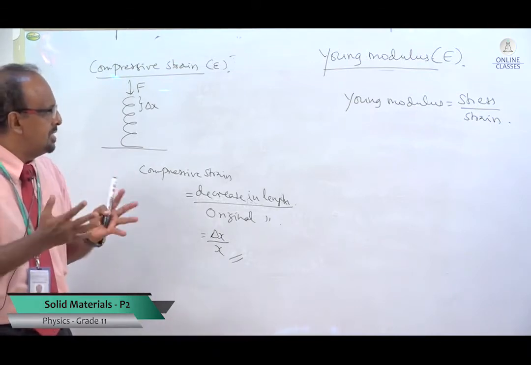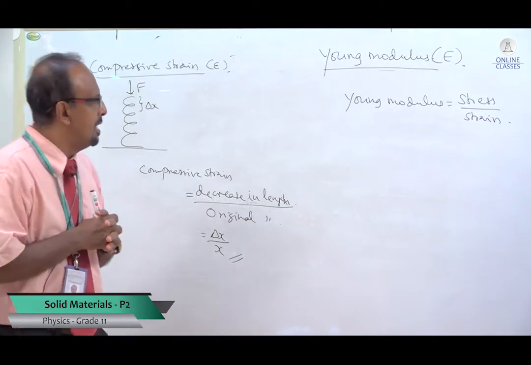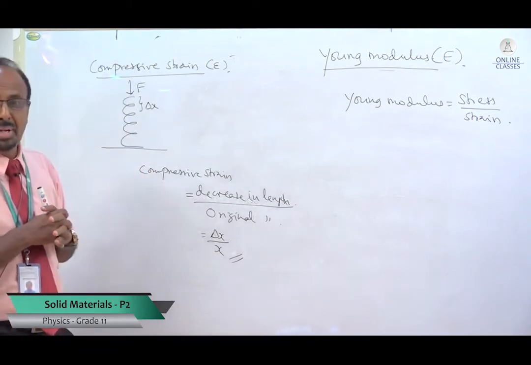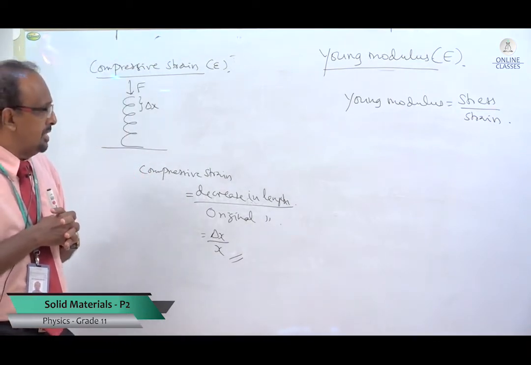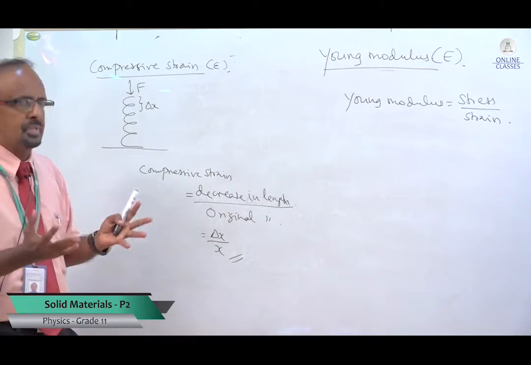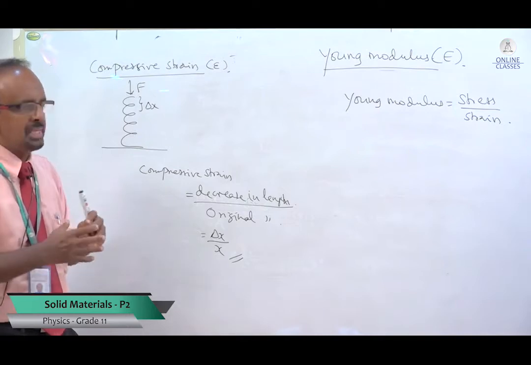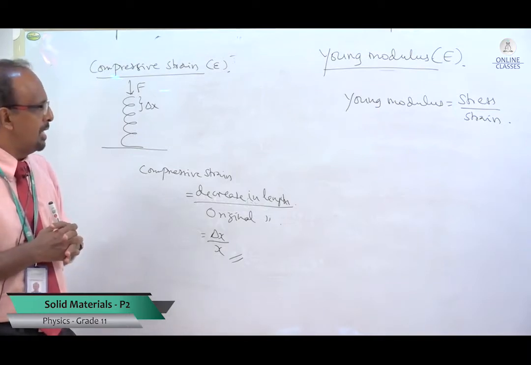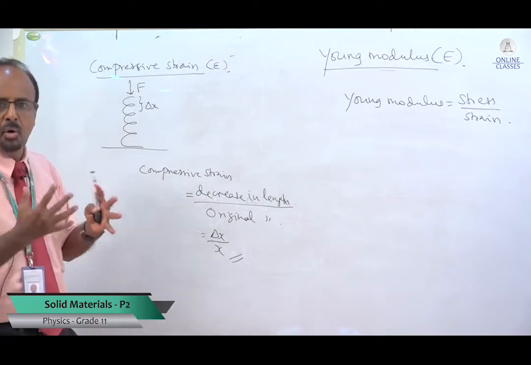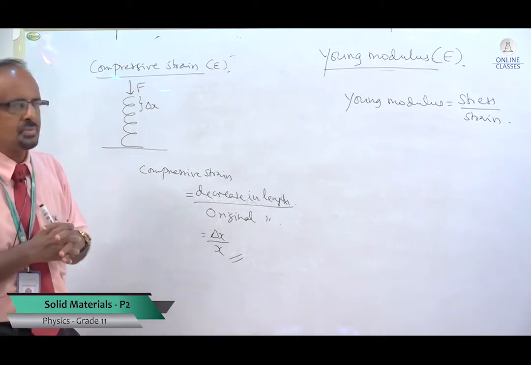You can see Young modulus is a constant value. It depends on the material. It does not depend on the amount of the material or the shape of the material. If you take a thin wire or thick wire, the Young modulus will be the same.